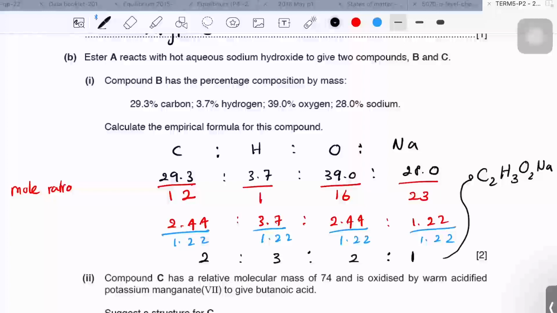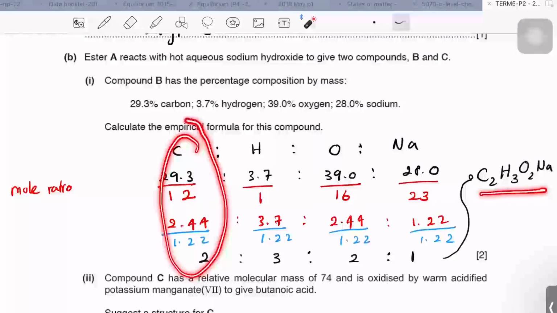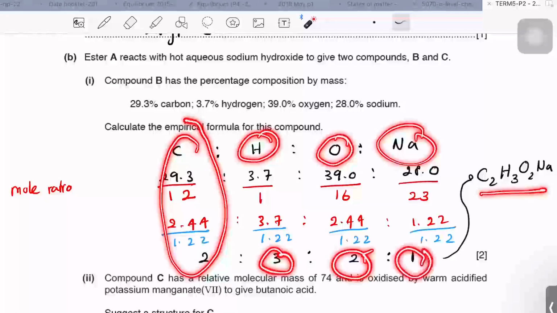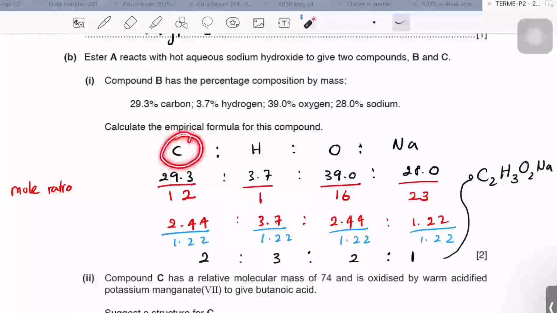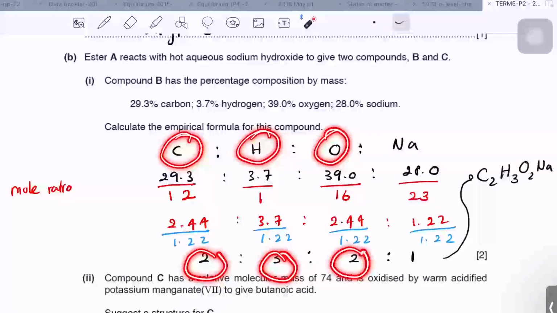C2H3O2Na. Because there are 2 carbons, 3 hydrogens, 2 oxygens, 1 sodium. That's why it's C2H3O2Na.